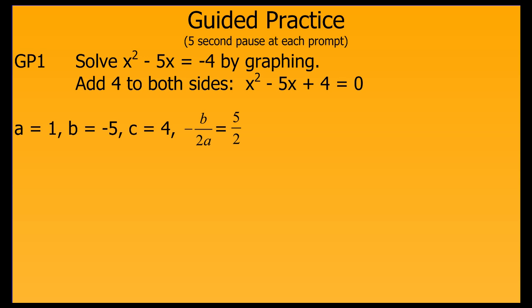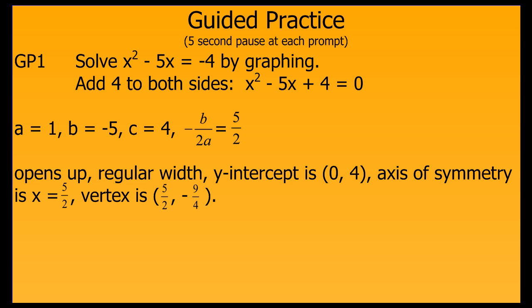Now we identify a, b, and c and calculate the opposite of b over 2a. What's next? Now we can predict that our graph will open up, be regular width, have a y-intercept of 0, 4, an axis of symmetry at x equals 5 halves, and a vertex of 5 halves, negative 9/4.